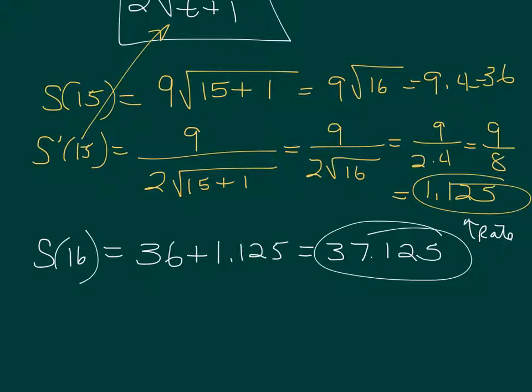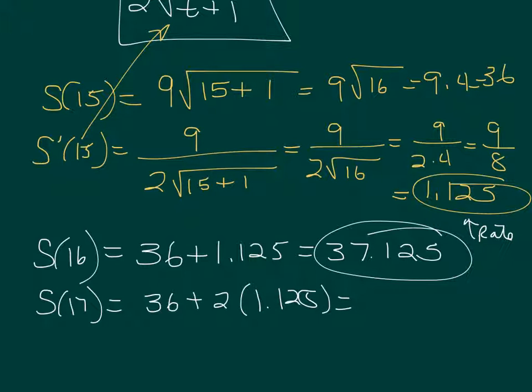I could actually continue to do this if I wanted to find s of 17. The only difference is I'd do 2 times, because that's 2 months later, right? It's important that you understand that what you're finding when you find the derivative is that rate of change. And if I multiply all that out, I get 38.25.